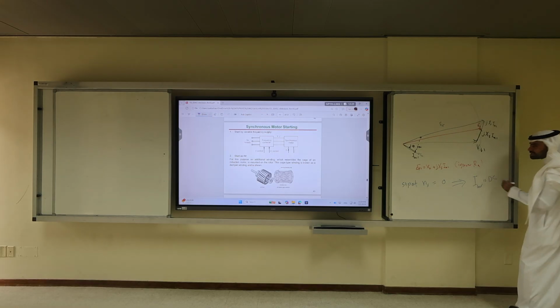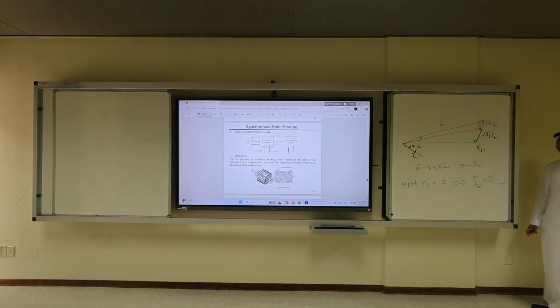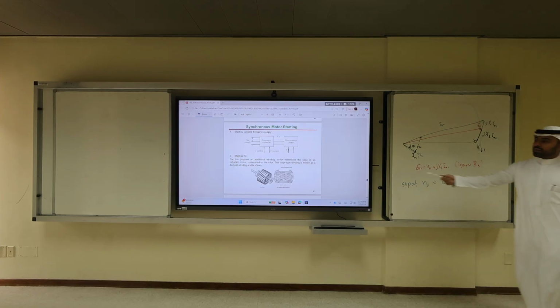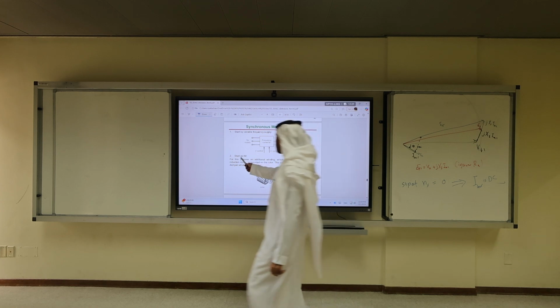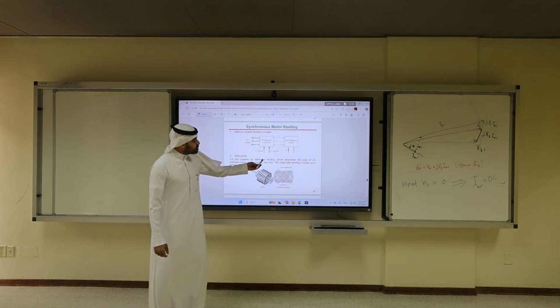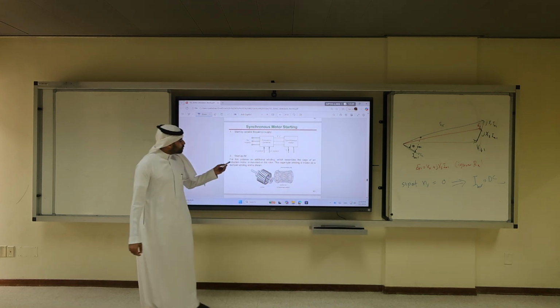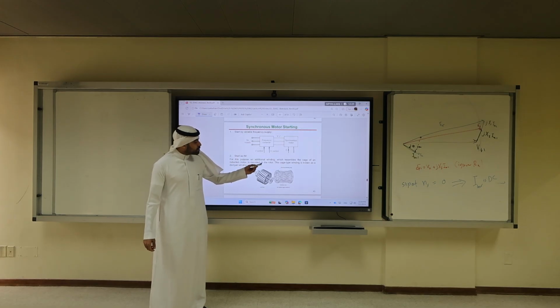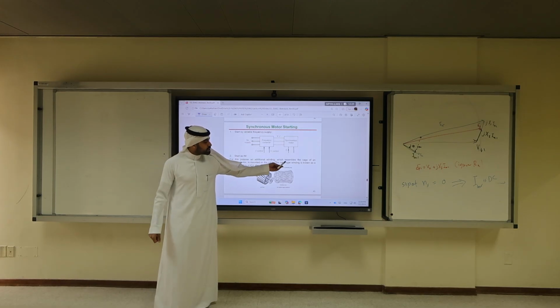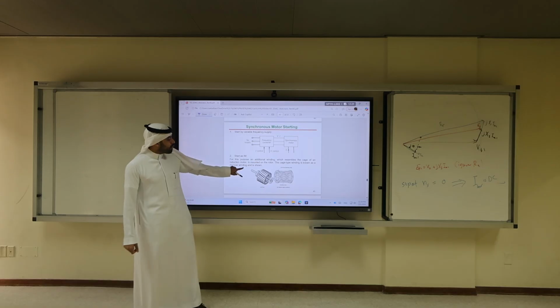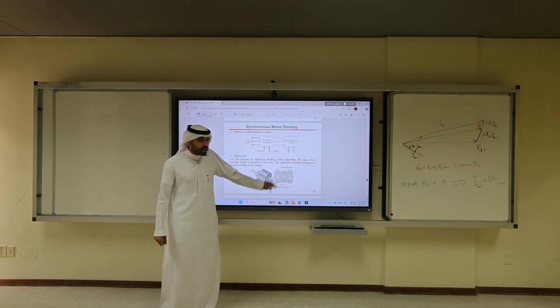If the current is DC, it will not induce torque, so I don't care about it. This is the more common method. For this purpose, an additional winding which resembles the cage of an induction motor is mounted on top of the rotor. The cage type winding is known as the damper winding and is shown here. Damper winding.